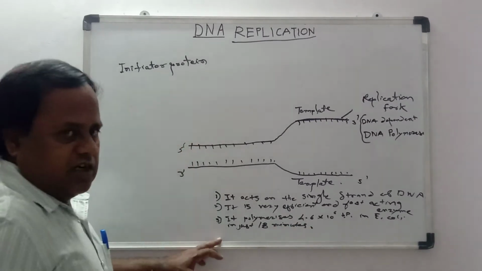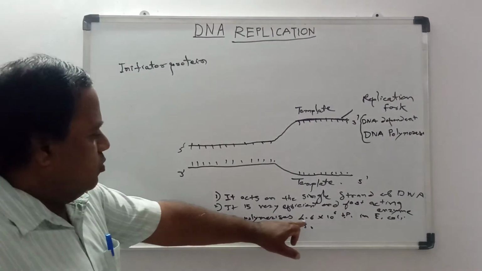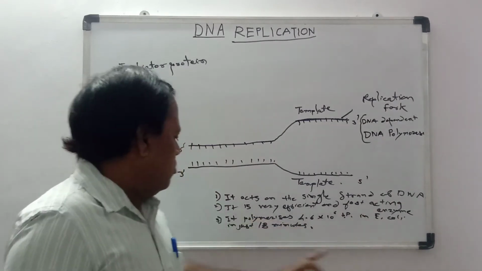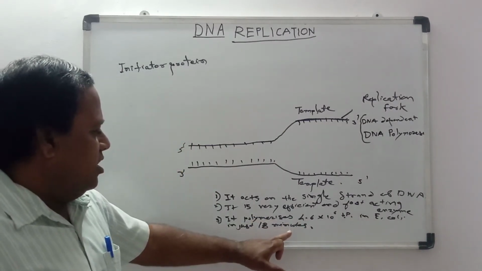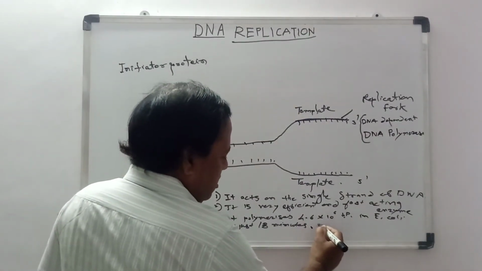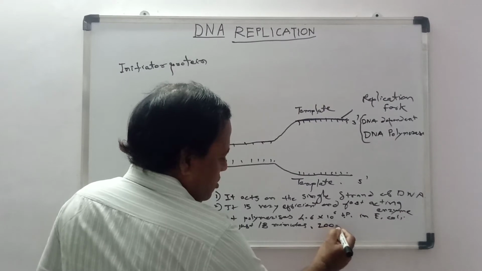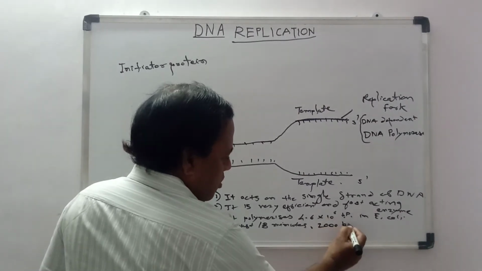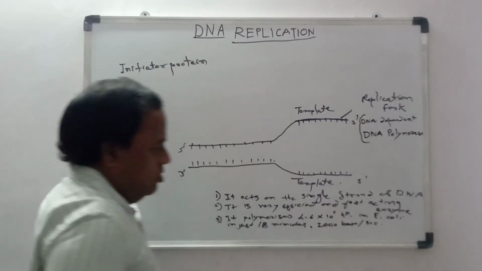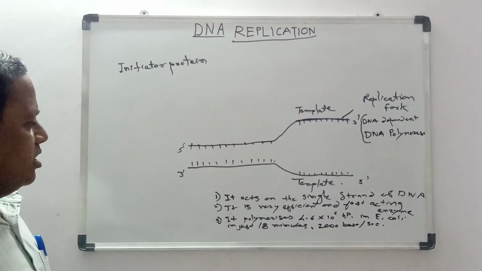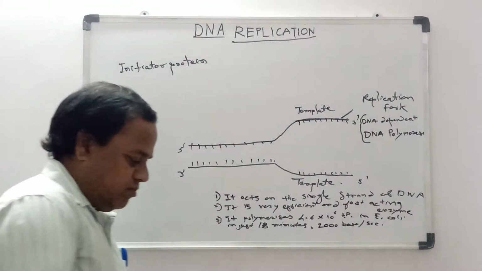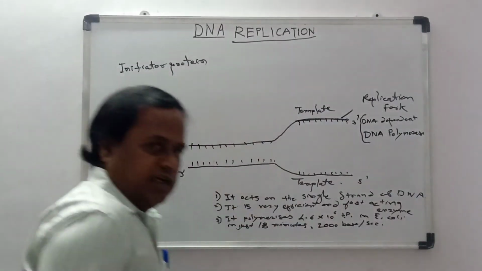It is so fast acting that it polymerizes 4.6 times 10 to the power 6 base pairs in E. coli in just 18 minutes. That means we can say approximately 2000 bases per second. So it is a very fast acting enzyme, DNA dependent DNA polymerase.